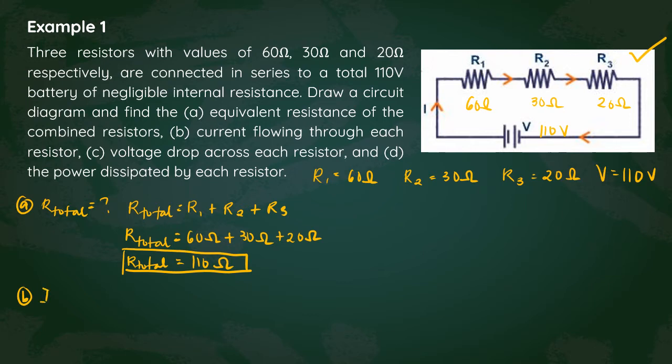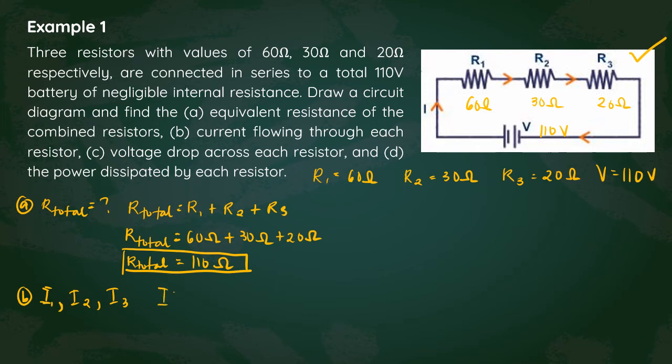For question B, what are the currents? So that's I1, I2, and I3. So what are they equal to? Remember, when resistors are connected in series, the current flowing through each of your resistors will be equal to each other.